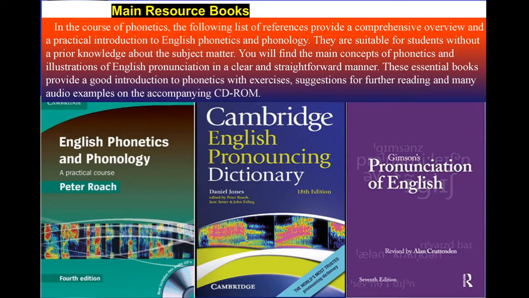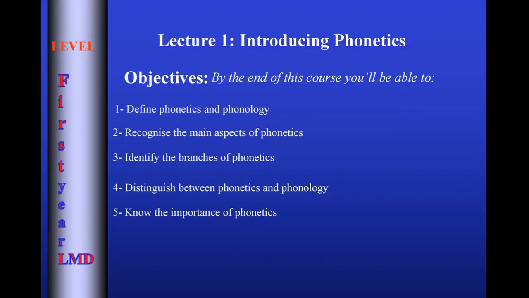In this dictionary you'll find almost every English word with its pronunciation in American and British accents. The other book is entitled Gimson's Pronunciation of English by Alan Cruttenden. In this book, you will find everything that concerns English phonetics and its pronunciation.